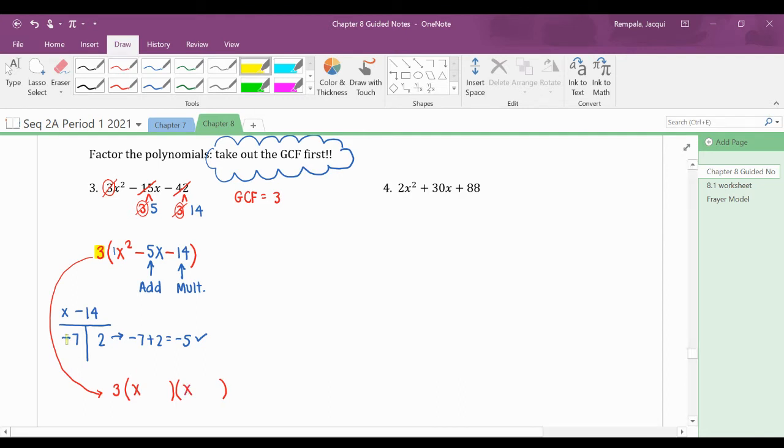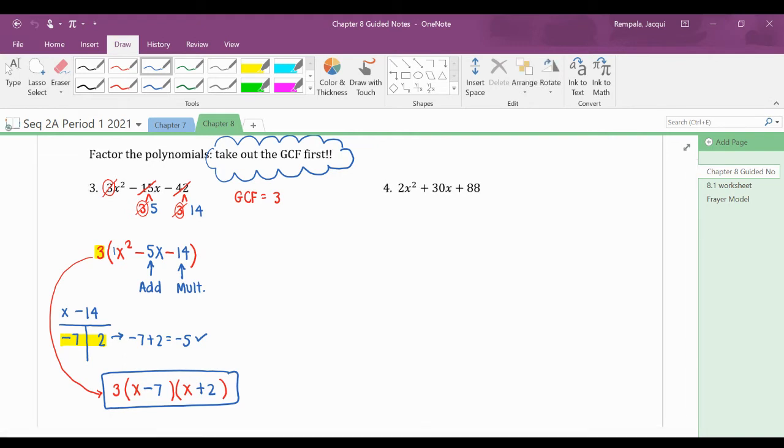But notice that the numbers that I have in my chart that multiplied to negative 14 but added to negative 5, that is going to finish out each of these parentheses. So one of the parentheses has a negative 7, the other one a positive 2. With the GCF out in front, this is my final answer.